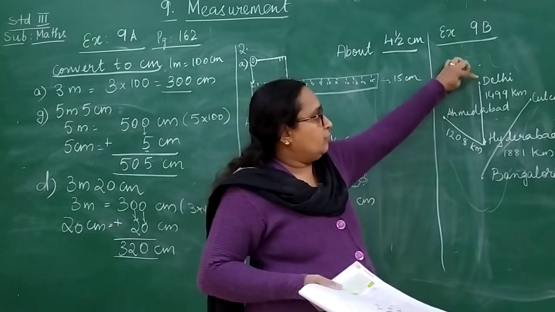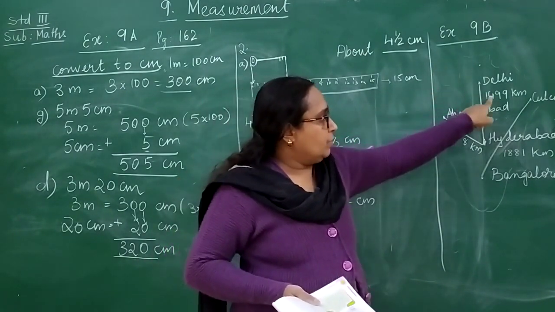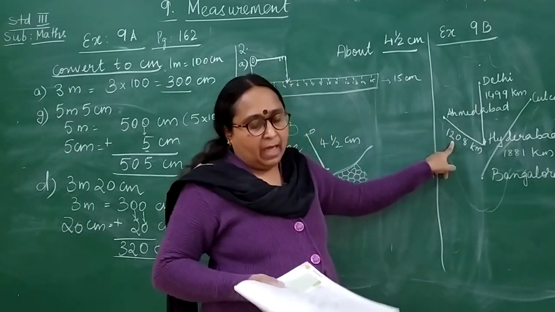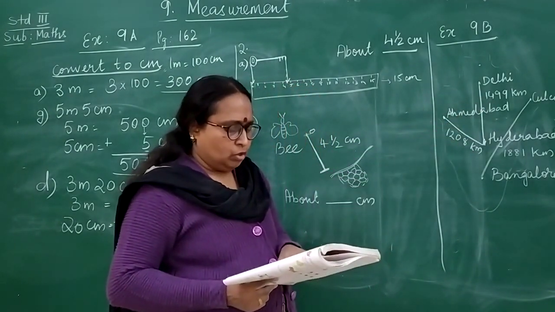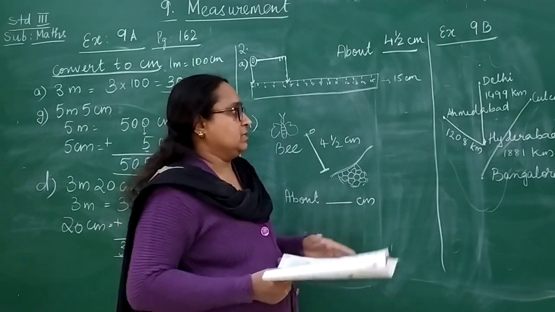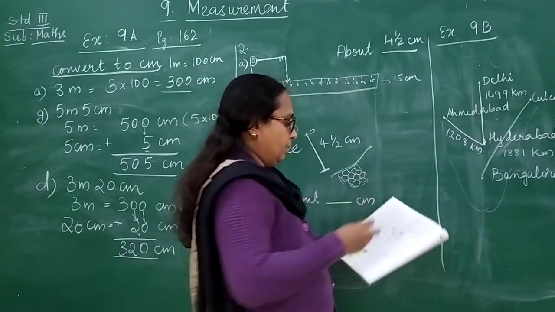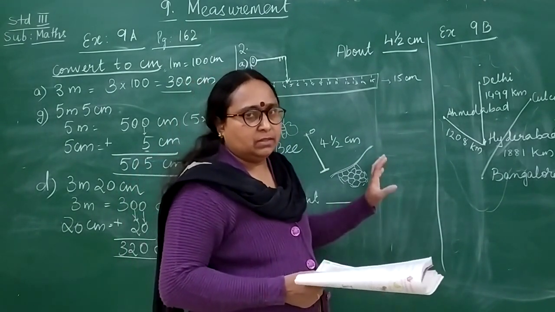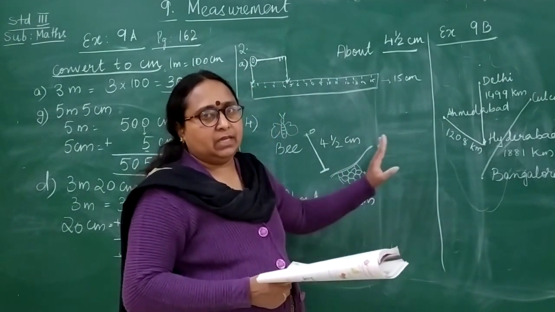So when you travel from Delhi to Ahmedabad, first you have to travel this, then this. So you have to add up both, and the answer will be 2707 kilometers.